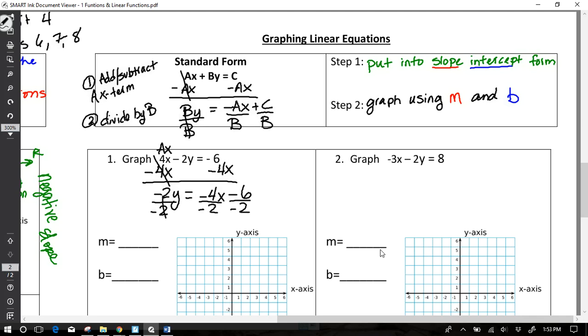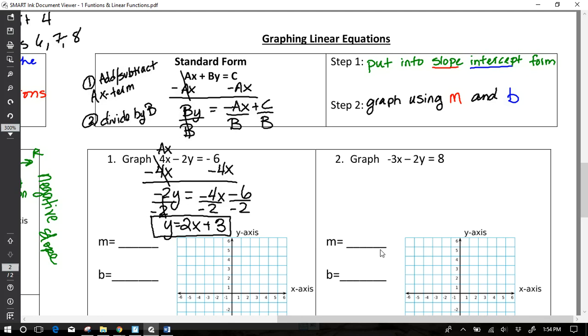And now I just want to make sure that I simplify everything. So I have y equals negative 4 divided by negative 2 is a positive 2x. Negative 6 divided by negative 2 is a positive 3. And I now have my slope-intercept form of my line.